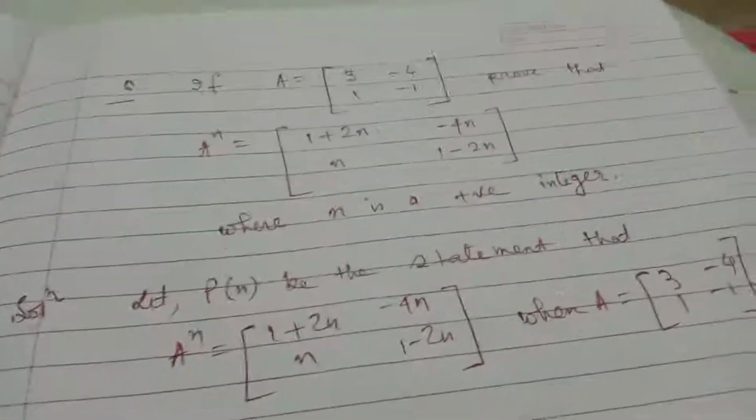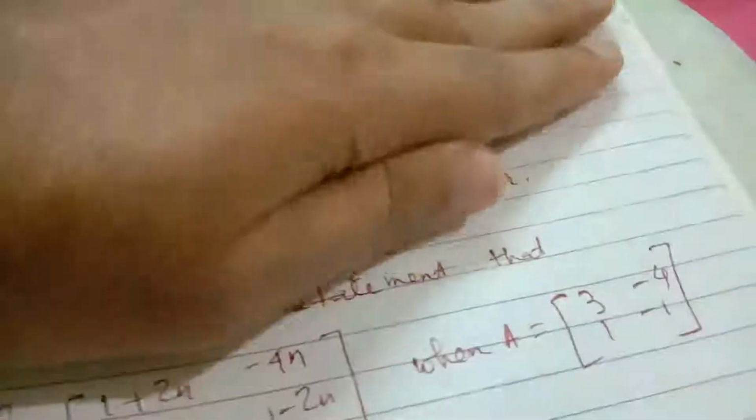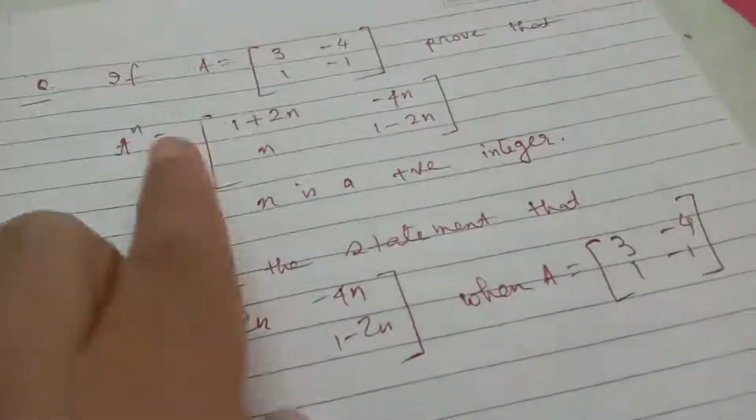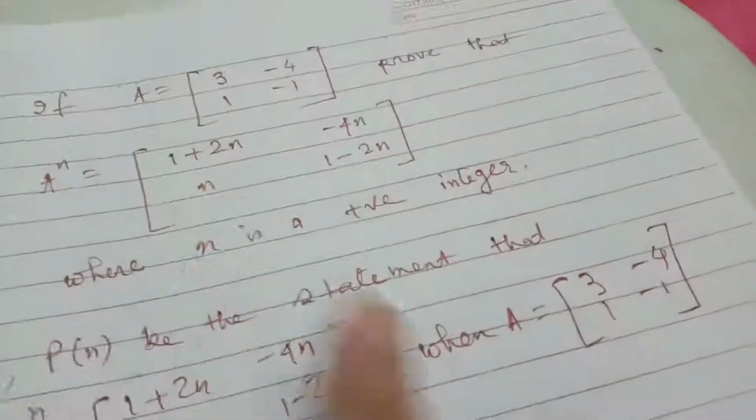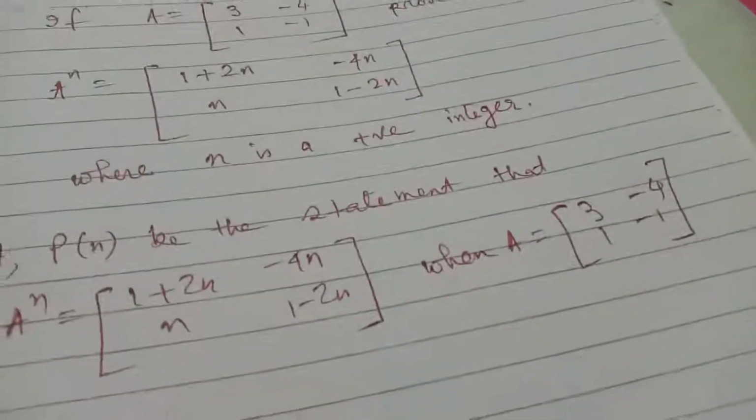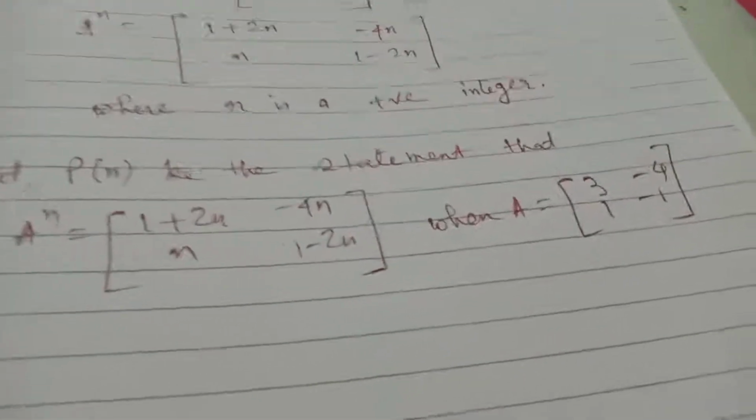We have started in this way. We have considered this as the given statement: A to the power n equal to this when A equal to this, and this we have to prove by using the principle of mathematical induction.